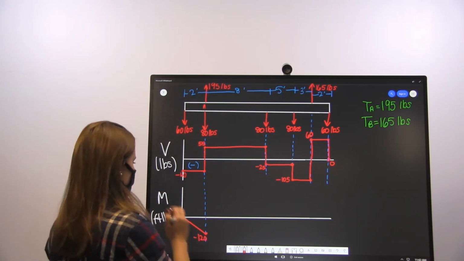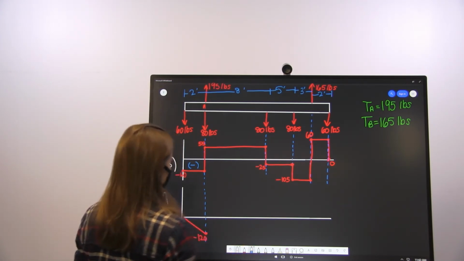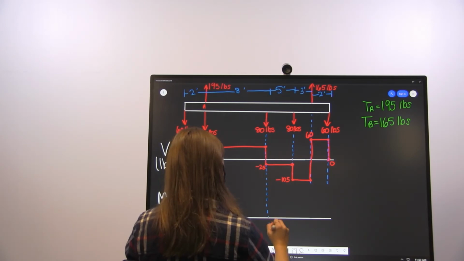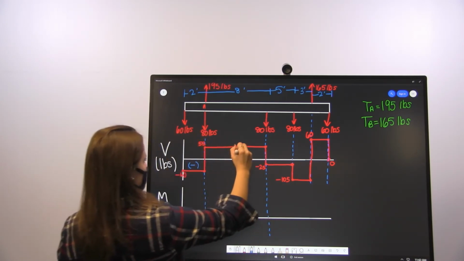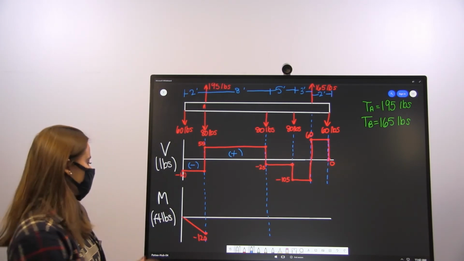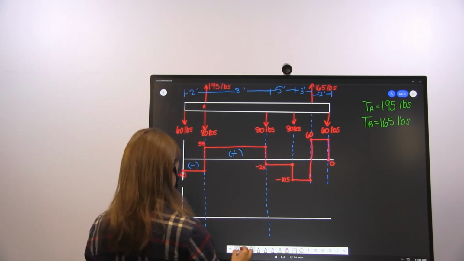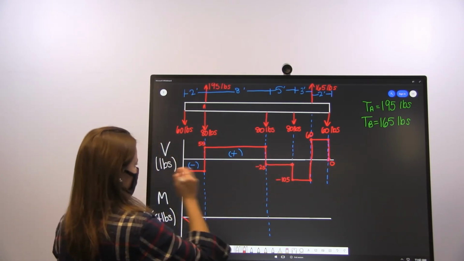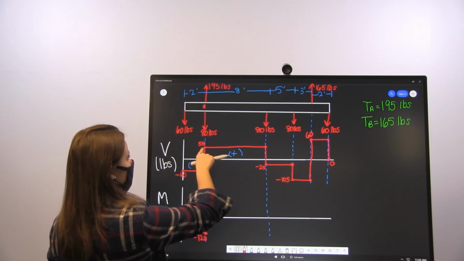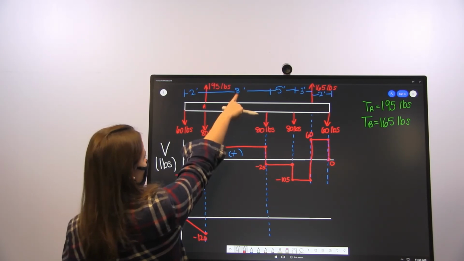And then we don't have any other forces to take into account. We don't have any moments going on. So we're going to want to take the area under the curve for this section, which is going to be positive, which means our slope for our moment diagram here is going to be positive. So the area under the curve for this is 55 times 8.